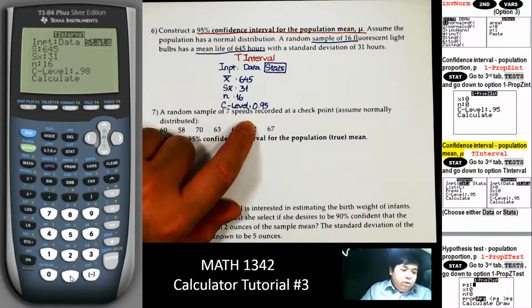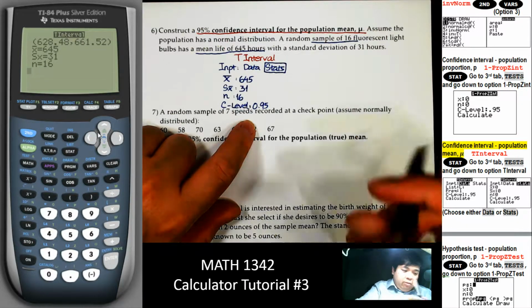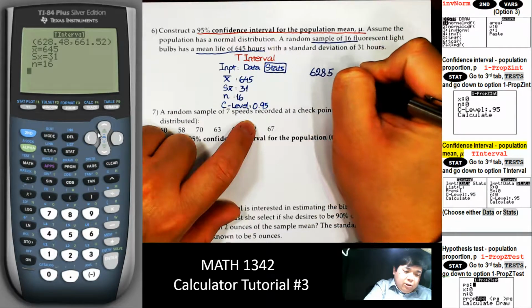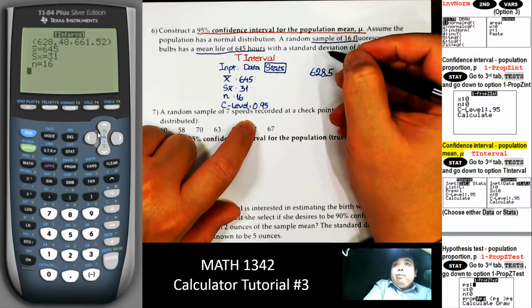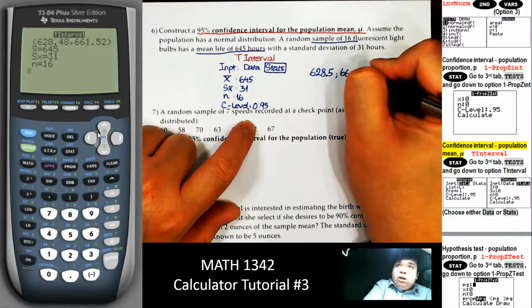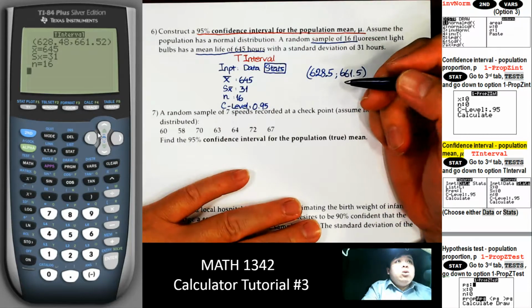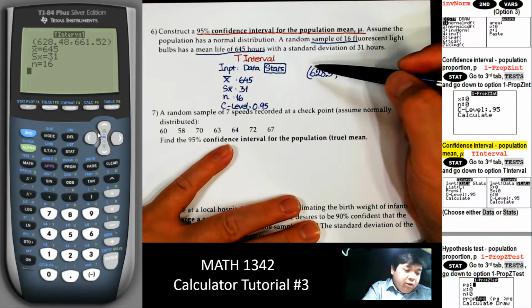Confidence interval 95%, and we'll calculate. We have 628.5 to 661.5, so about that. So that will give us the confidence interval.